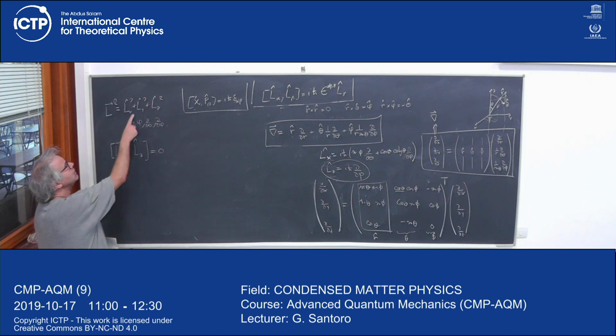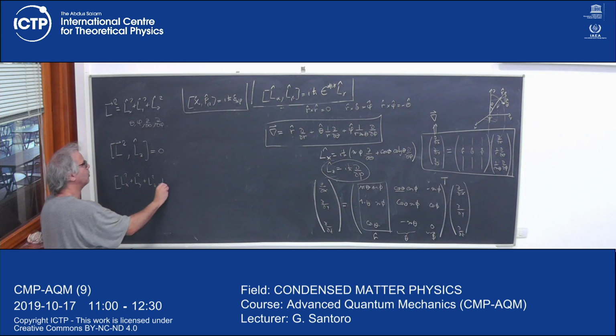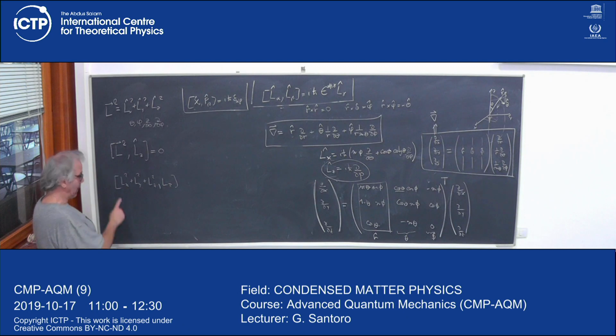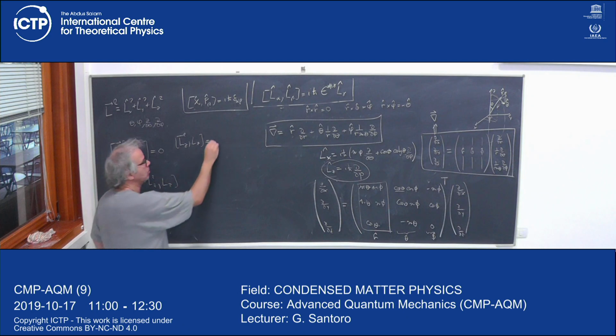This is equal to the sum of these three things squared. So Lx square plus Ly square plus Lz square, commutator Lz. Okay? How much is this? Well, it's the sum of the three separate commutators. Now, obviously, Lz square with Lz, how much is it? 0.